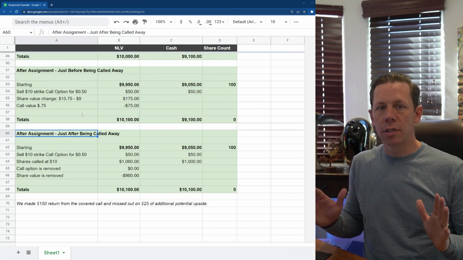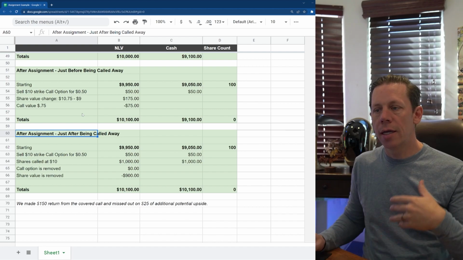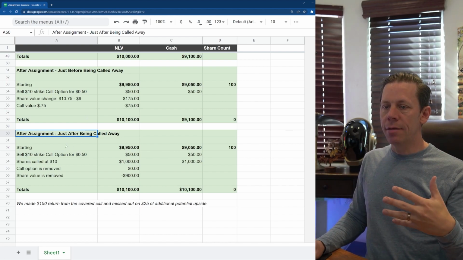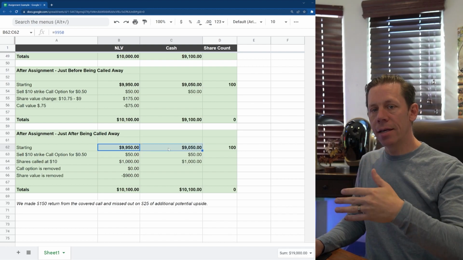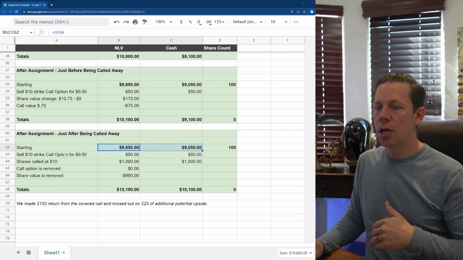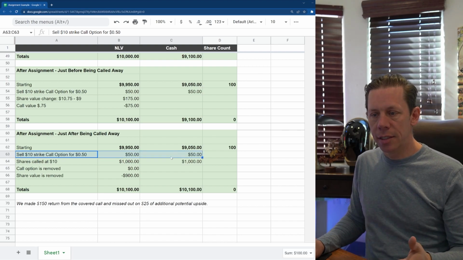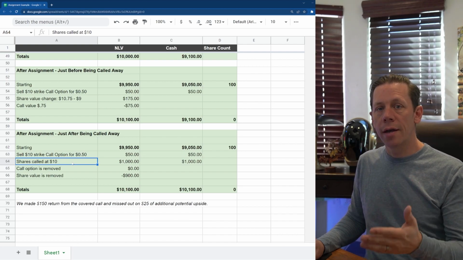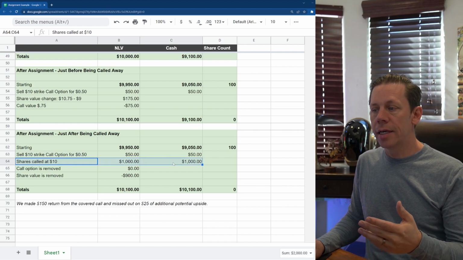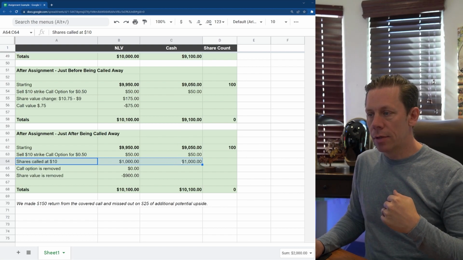Okay, so just after assignment, just after the shares are called away, let's look at the changes that happen in the account. We have our starting value of $99.50 and $90.50 in cash. That didn't change. We have the option that we sold for $50. That didn't change. Now, our shares were called away at the $10 price, so we have $1,000 coming into the account in cash.